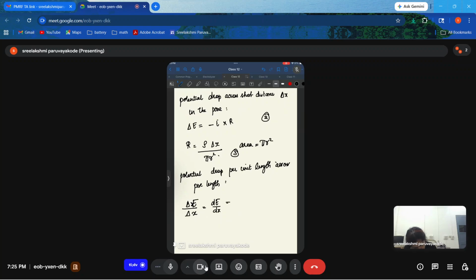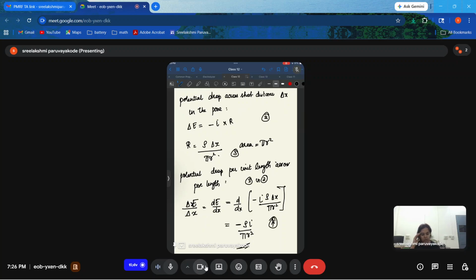I'm going to differentiate this, substituting equations 2 and 3. What do you get? Minus I rho delta x by pi r squared, so you will get dE by dx equal to minus rho I by pi r squared, since delta x by delta x will be 1. So this is equation number 4.